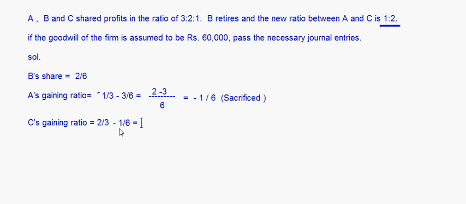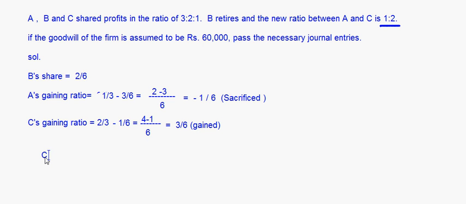The denominator is 6, and 4 minus 1 is equal to 3 divided by 6. So here this partner has gained, whereas partner A has sacrificed.